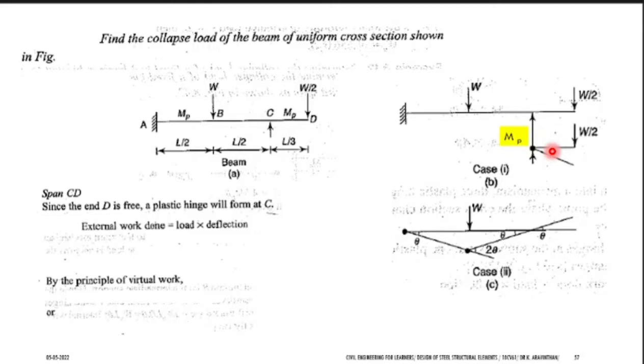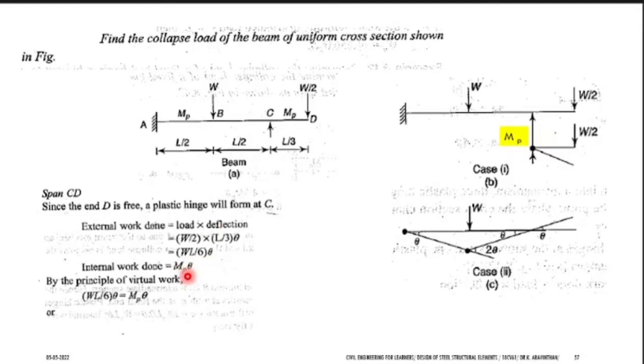Write down this step. External work done is load into deflection. Right now your load is W by 2 and deflection is theta L by 3. If you multiply, you will get WL by 6 theta. Your internal work done will be MP into theta.